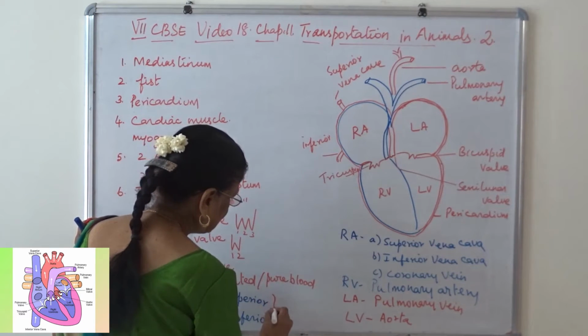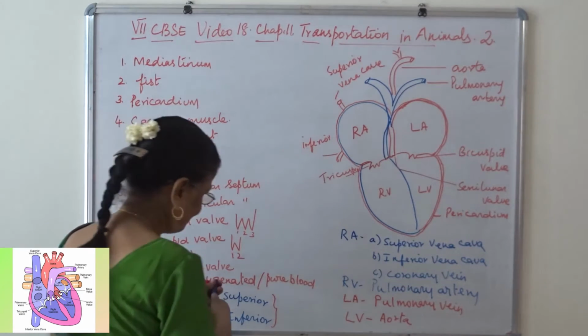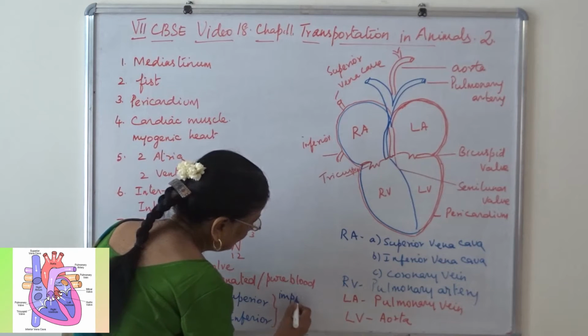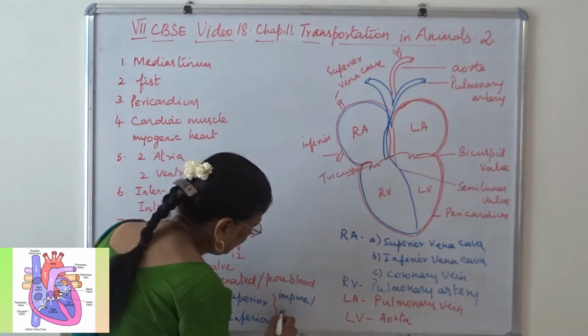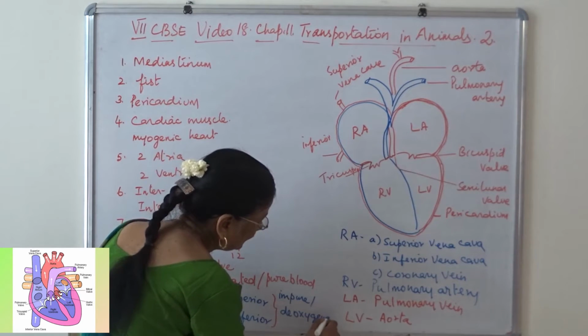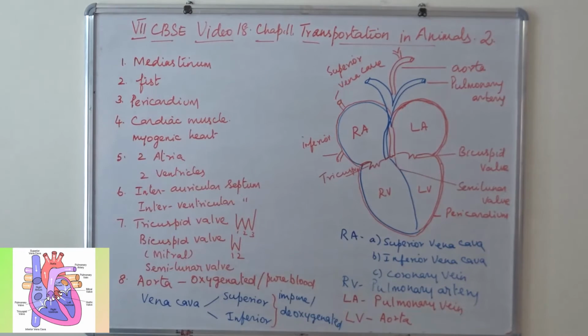Whereas these two carry impure blood or deoxygenated blood. I hope you are able to follow this. So this is aorta and vena cava.